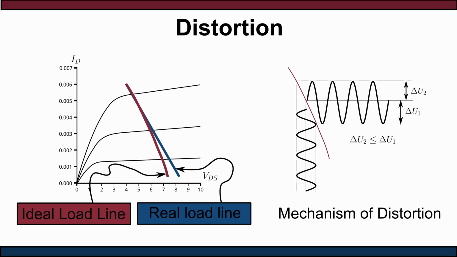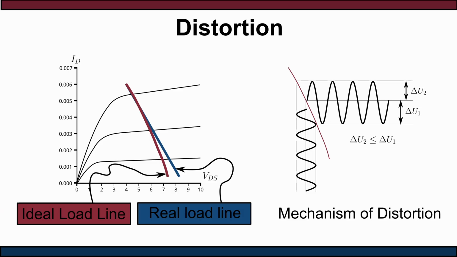This change of slope introduces nonlinear distortion of a signal in JFET-based amplification stages. On the diagram we can see this effect as the difference between the ideal load line and the real load line. In the ideal case, the line would cross all the IV curves symmetrically, and the amplification of a sine wave would also be symmetrical.